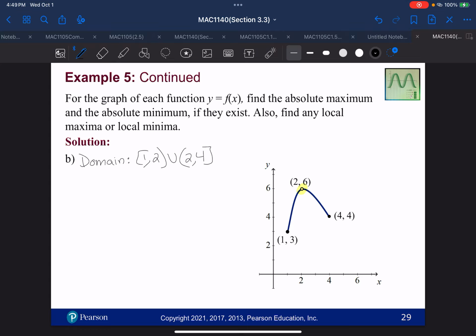So let's talk about the absolute max. Because this point has a hole in it, I can't include that as a maximum, and there is no other maximum value within this function. So this one would have none.